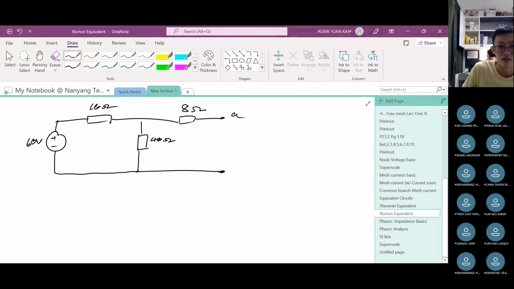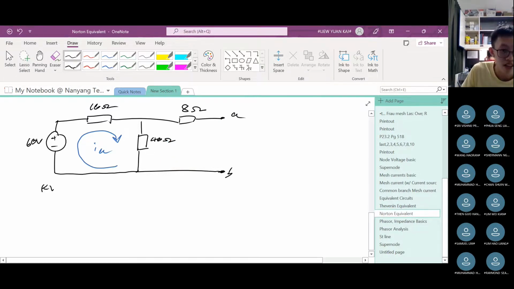This is A and this is B. So we want the Norton equivalent as seen by A and B, right? So again, I find the mesh current through this, and not through this, right? There's no mesh current here because this is open. So KVL at A. Let's start from here. This is a positive 60 because it's a voltage gain. We go from the negative to the positive terminal.